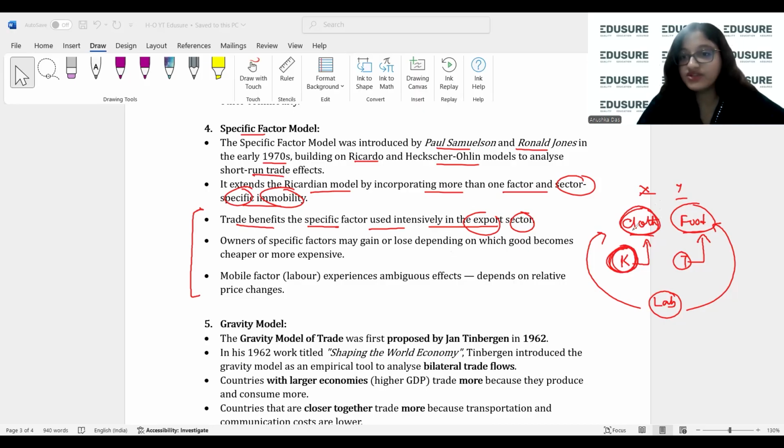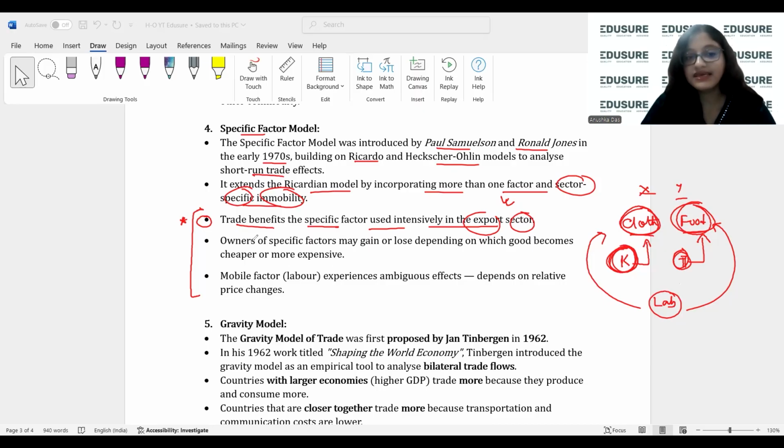The specific factor that you use for the production of the good will be benefited. Similarly, if you are the exporting nation, it will hold only for the exporting nation. If you are producing and exporting food, then what will happen due to international trade? The specific factor that you have used for the production of food, that is the land here, will be benefited and all the other factors will lose. This is the main key finding of this model.